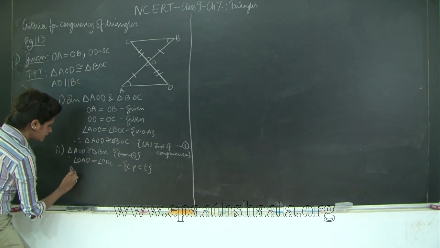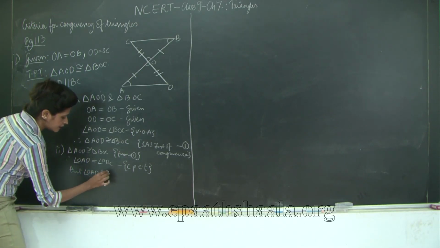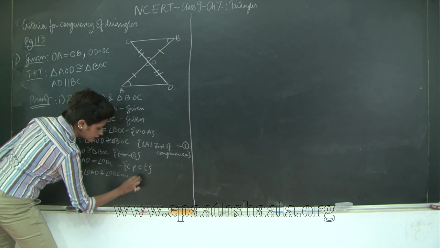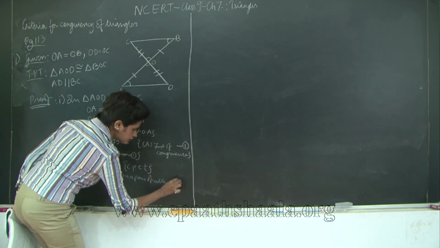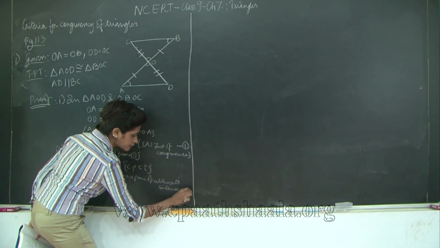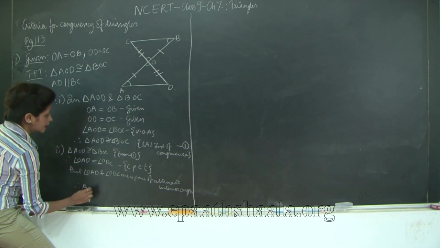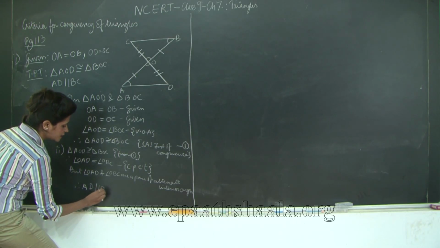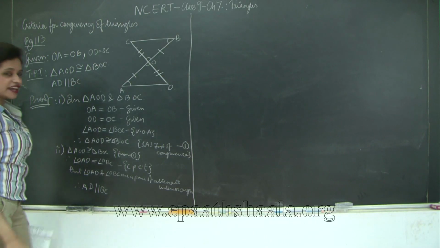So I'll say, but angle OAD and angle OBC are a pair of alternate interior angles, correct? Therefore AD is parallel to BC. Hence, both the required proofs have been proved.